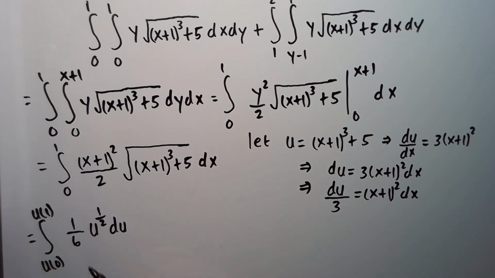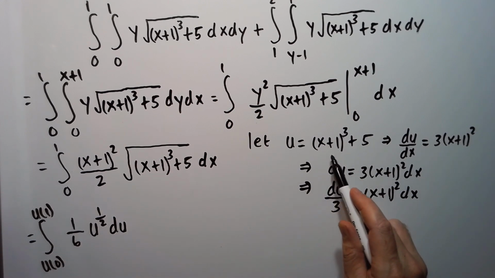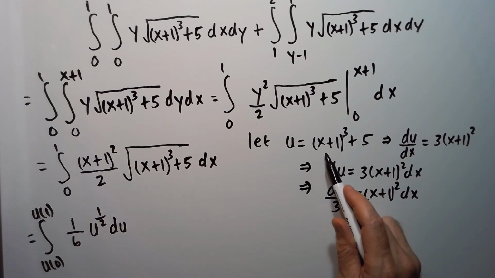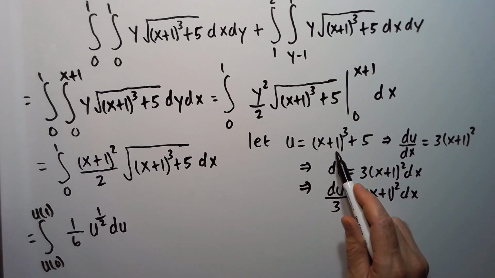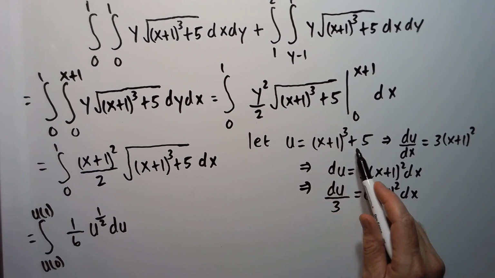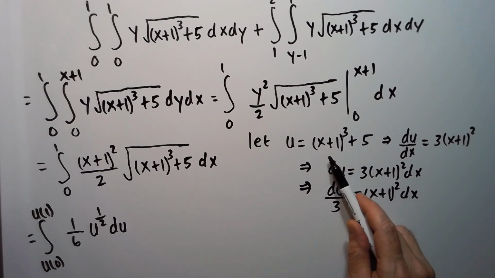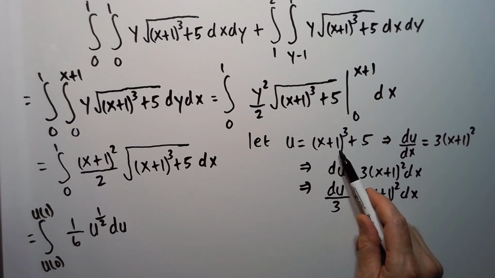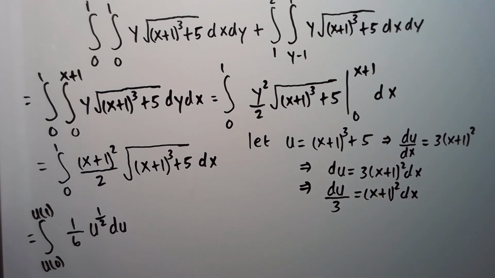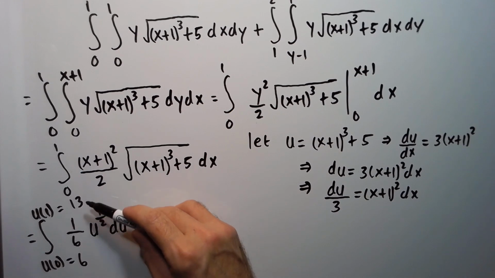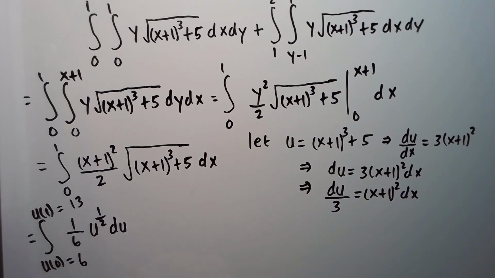Now u of 1: putting 1 in there, it'd be 2 cubed, 8 plus 5, 13. And putting 0 in there ended up being 6. So we get 13 for u of 1, 6 for u of 0.